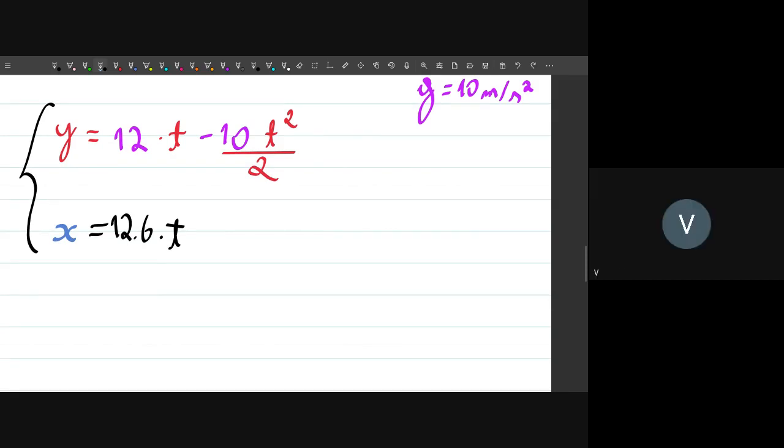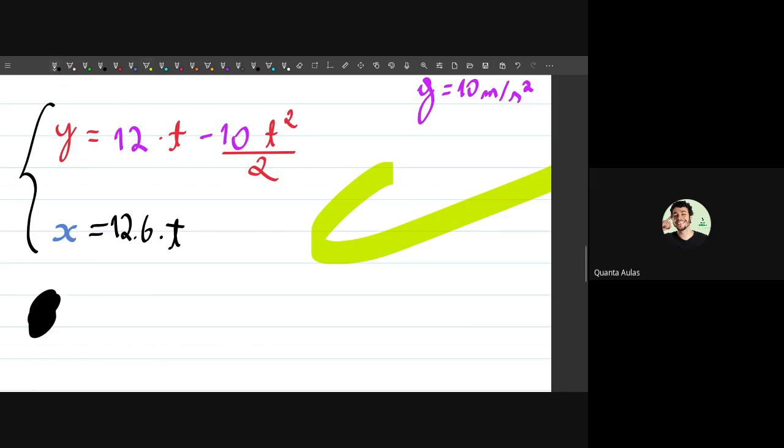Yeah. Very good. So, right. This is the answer to the first problem. The two parametric equations. Okay. You can write this in another form. You can write this the way your teacher likes.